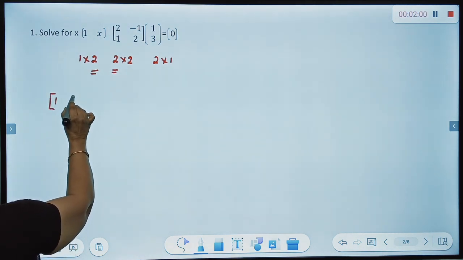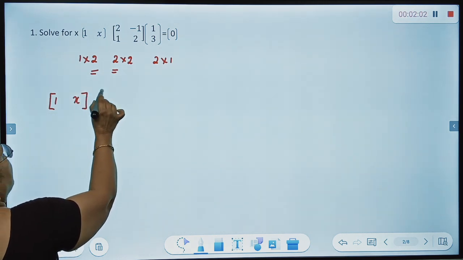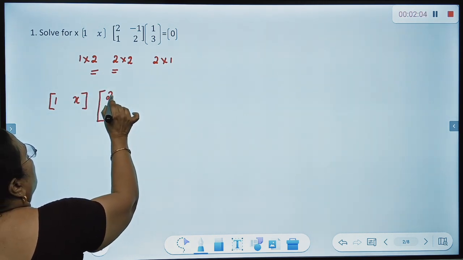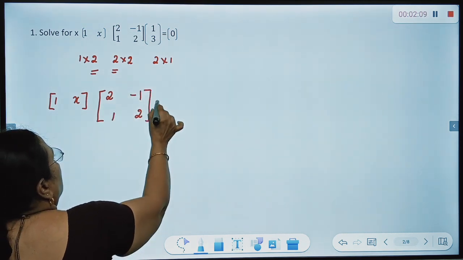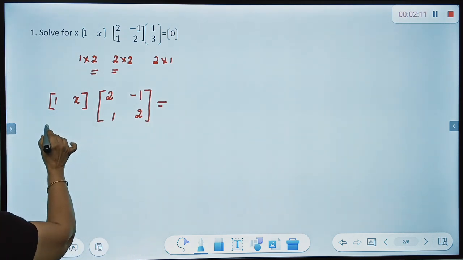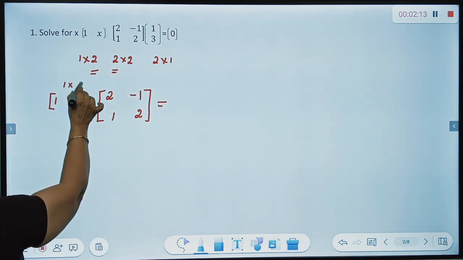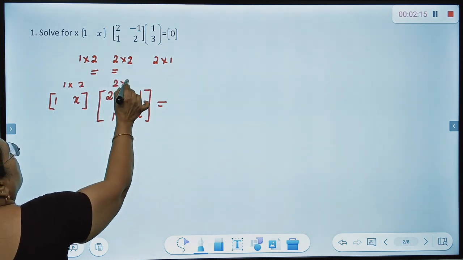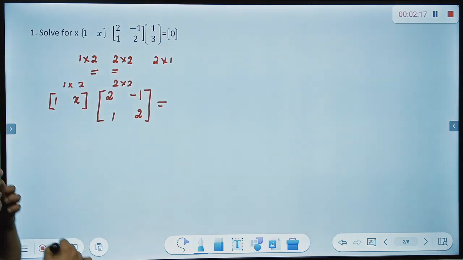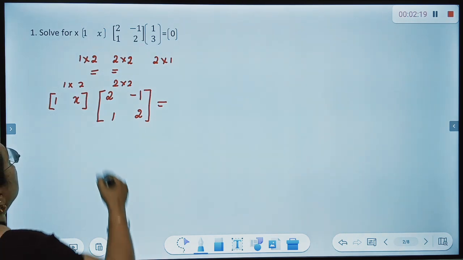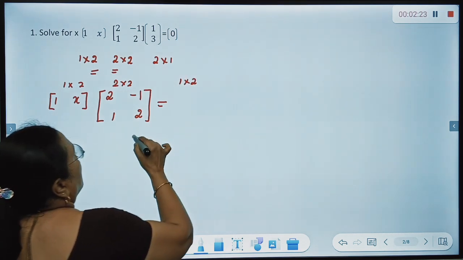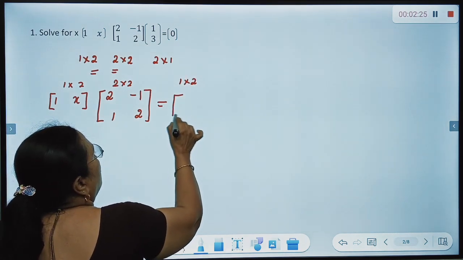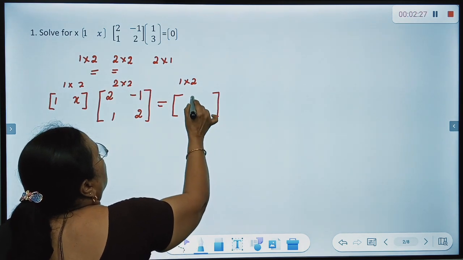So first we will multiply 2, minus 1, 1, 2. Now what will be the order of this? This is 1 by 2. This is 2 by 2. So what will be the order of the resulting matrix? 1 by 2, which means one row, two columns.